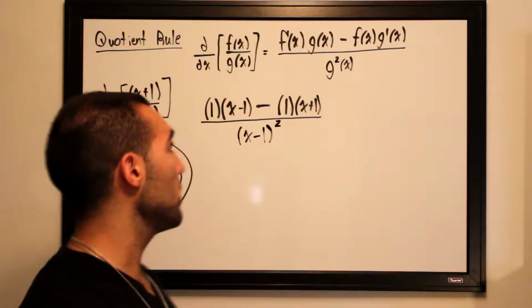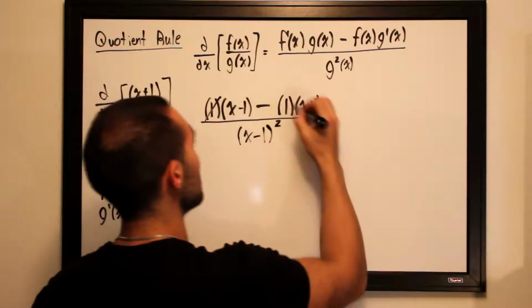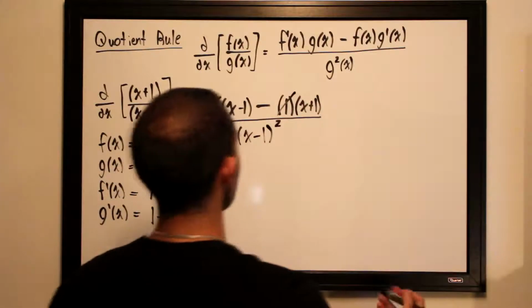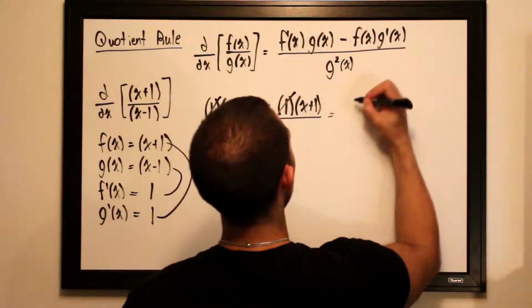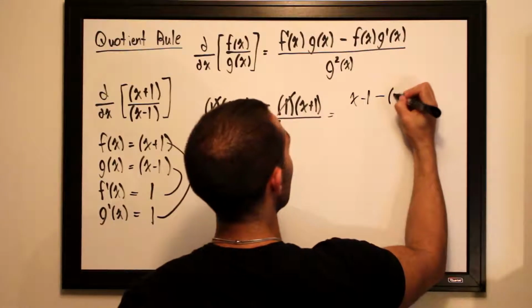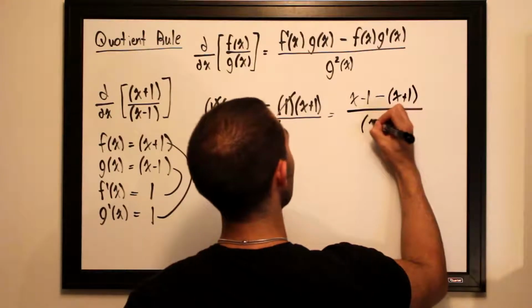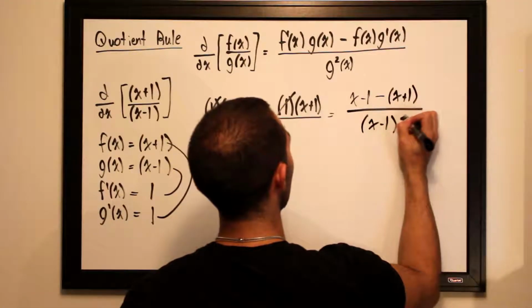If we wanted to clean it up a little bit, essentially we can drop the brackets and do a little bit of cancellations. These ones don't really do anything, so we can get rid of them. We'll be left with x minus 1 minus x plus 1 over x minus 1 squared.